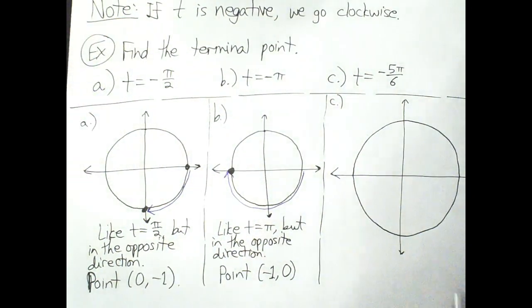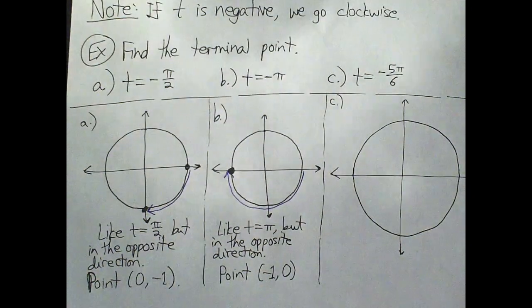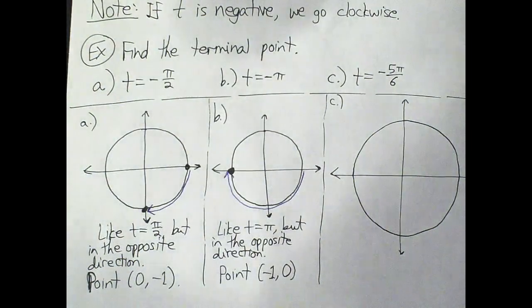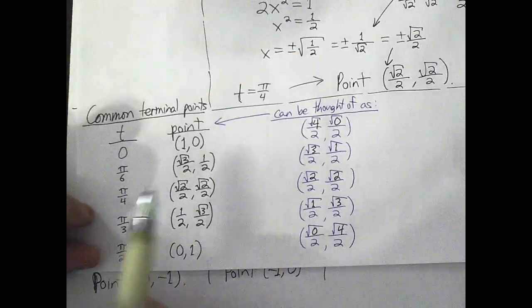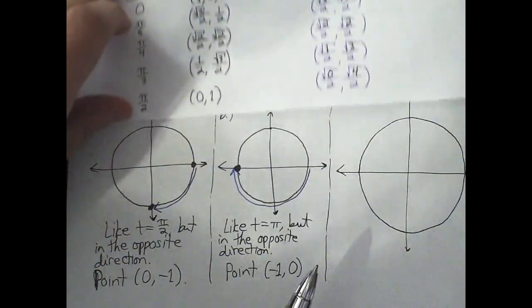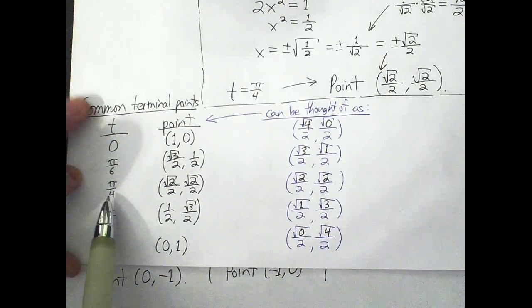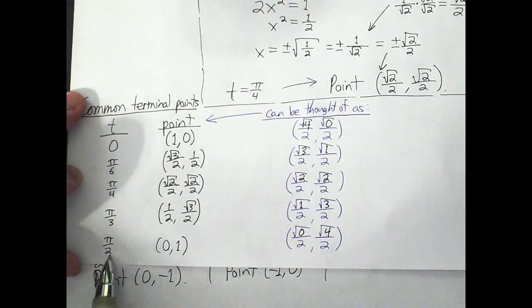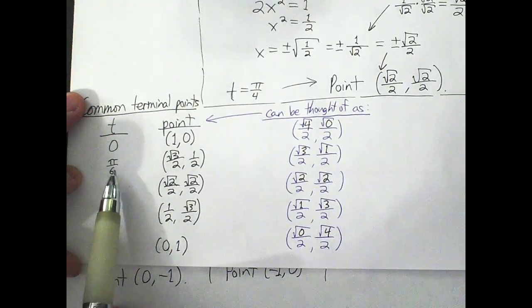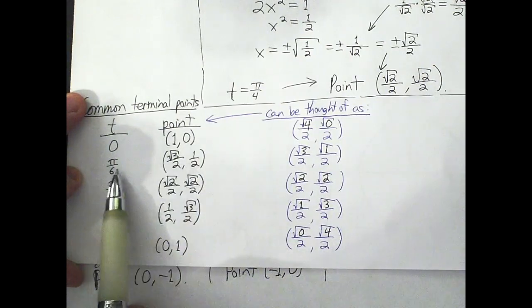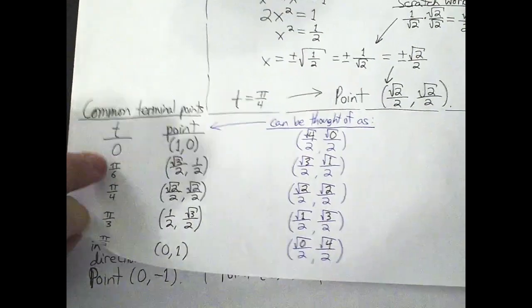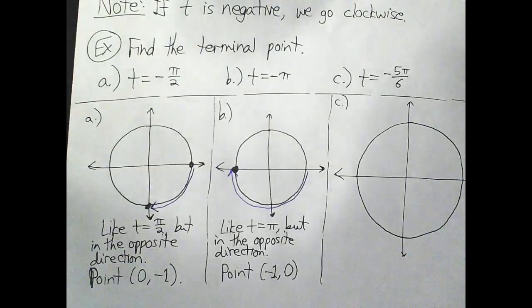Okay, so why did I say something about pi over 6? Well, in that list of common terminal points, we ask what's the closest thing we've got that looks like 5 pi over 6. We have something over 4, something over 3, something over 2, but the pi over 6 one might come in handy, knowing what terminal point is associated with pi over 6.